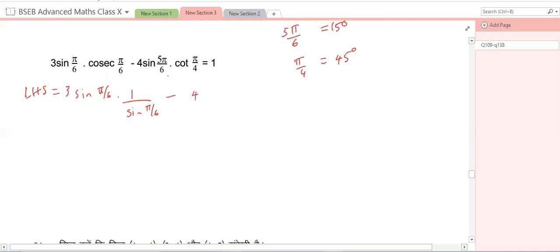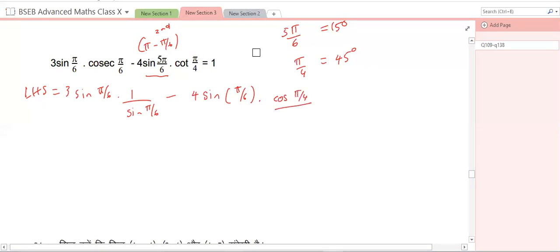See, this is sine of 150. Let us reduce first. So it should be sine of pi by 6, since this is pi minus pi by 6, which is in the second quadrant, 180 minus 30 degrees. So sine of 30 times cot of pi by 4.